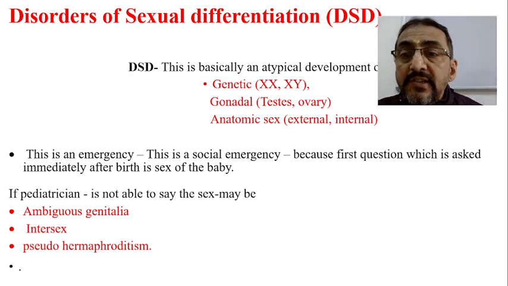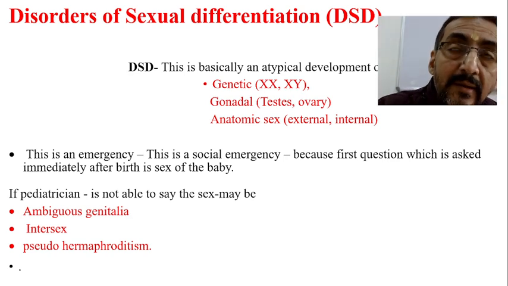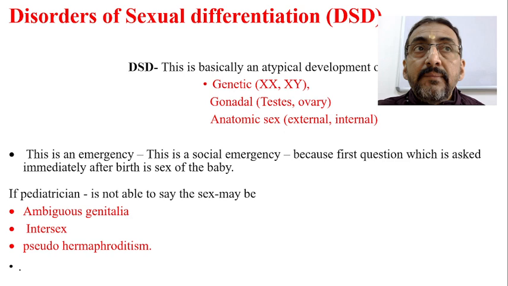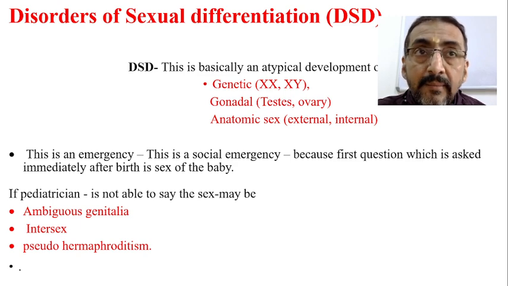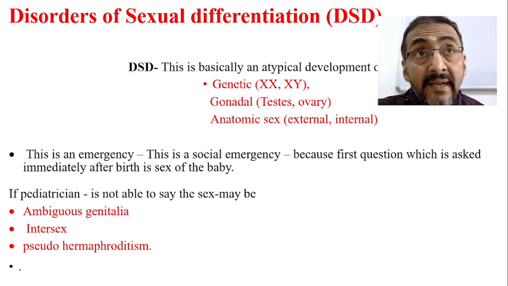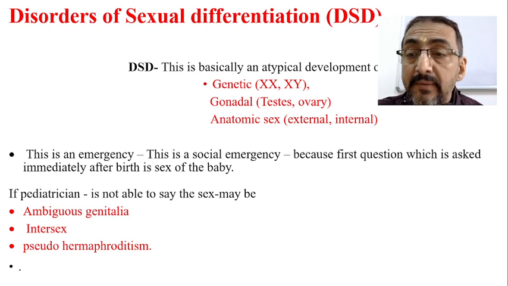Now if the pediatrician is not able to say the sex of the child at the time of birth, three main conditions come to mind. That is ambiguous genitalia. If there is ambiguous genitalia, then the pediatrician is not able to tell the sex of the child. Or there may be intersex, where symptoms or physical characters of both sexes are present.